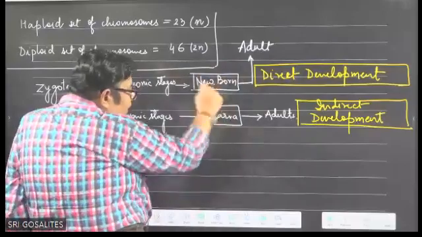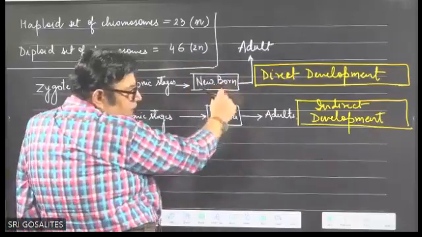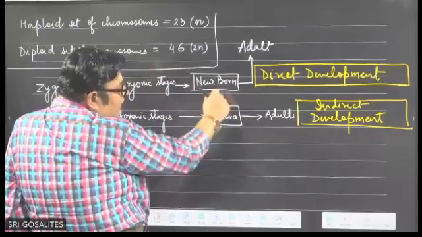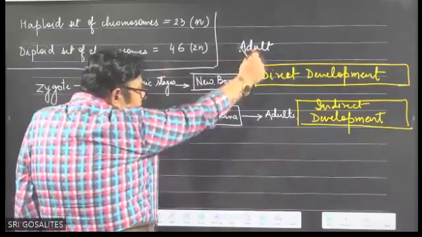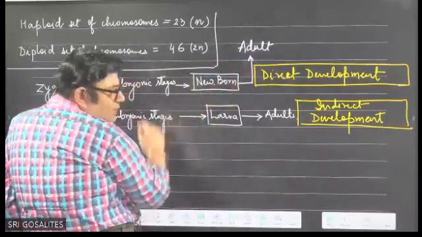The answer is, this is not a larva because the body works and looks like the adult. The only thing is it is miniature in size. That's it. Small in size.